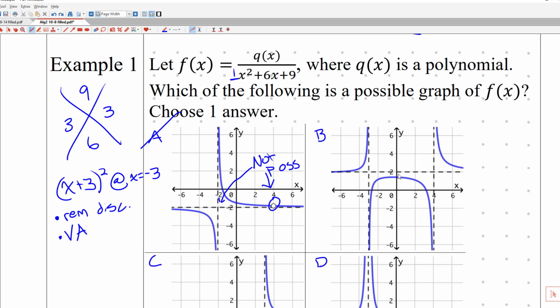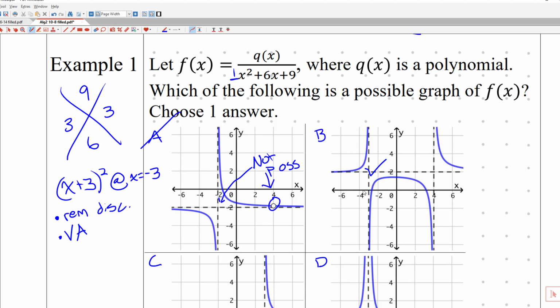Let's look at B. So B has some interesting things happening. I have a vertical asymptote at, this looks like -3, because it's between -2 and -4. So that is possible, and we can come back here and say check, that's good. I have a vertical asymptote here at x equals -3.